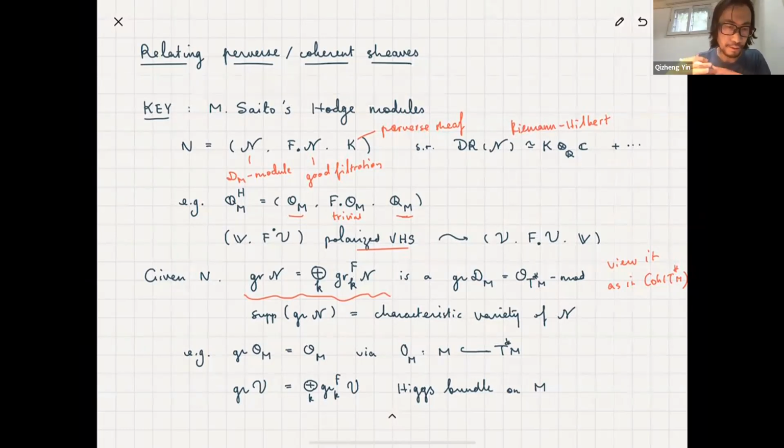So by upgrading everything to a Hodge module, you not only get, say, a cycle on the cotangent bundle, but you also get a real nice coherent sheaf.